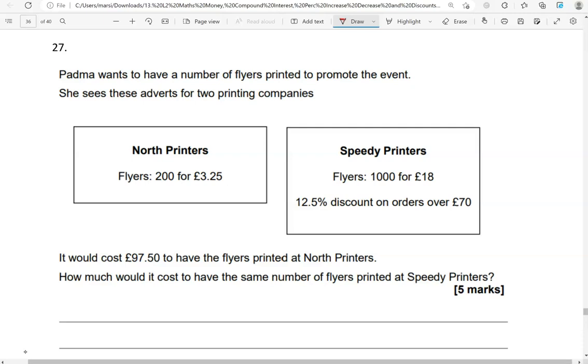So, North Printers, 200 of them for £3.25. So if we divide £97.50 by £3.25, that should give us how many lots of 200 were ordered.